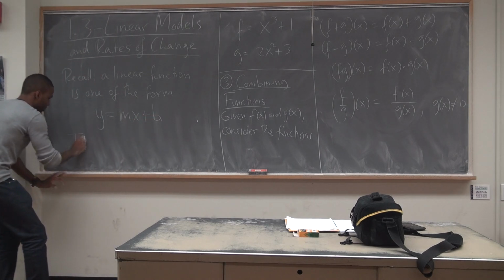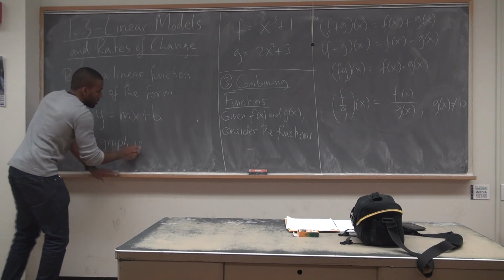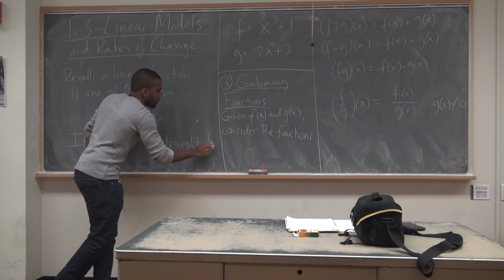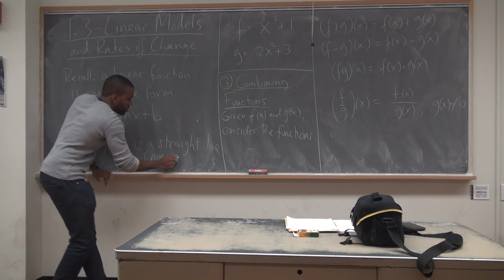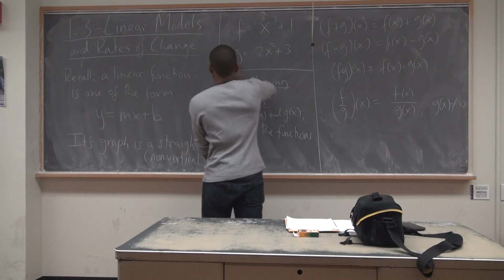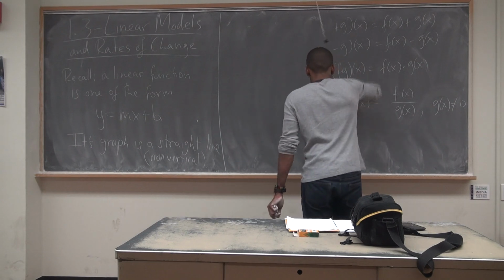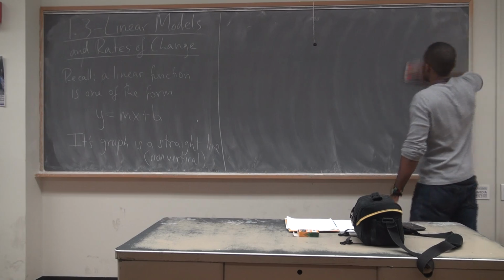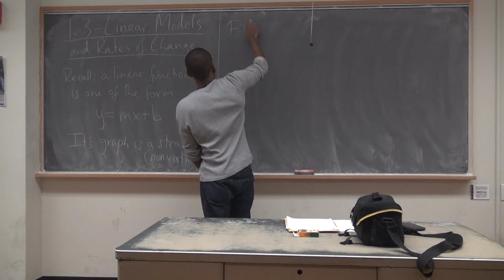Its graph is a straight line. And of course it's non-vertical. There's a concept of a vertical line, but a vertical line is not a function because it doesn't pass the vertical line test. So technically it's not a linear function. FYI.